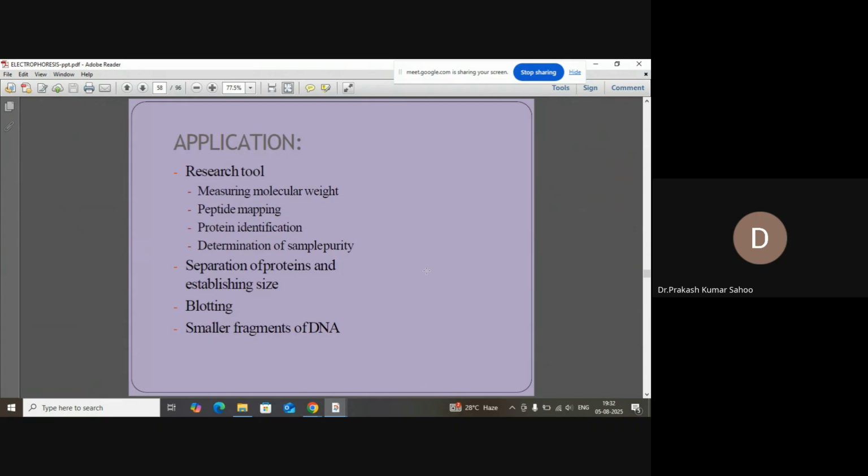Then we have the determination of your sample purity. In separation of protein and establishing sites, blotting smaller fragments of DNA.